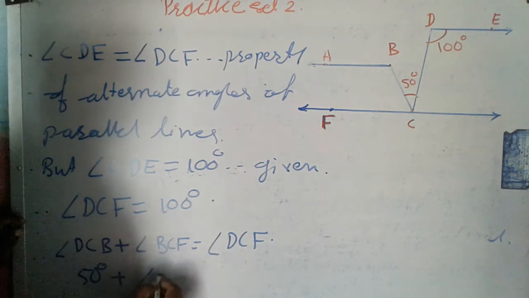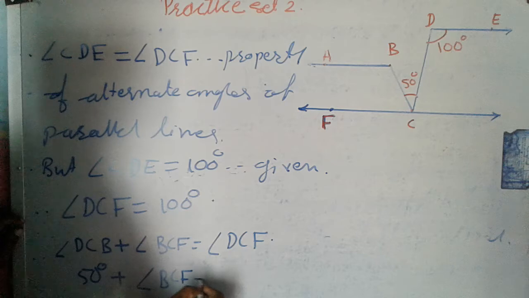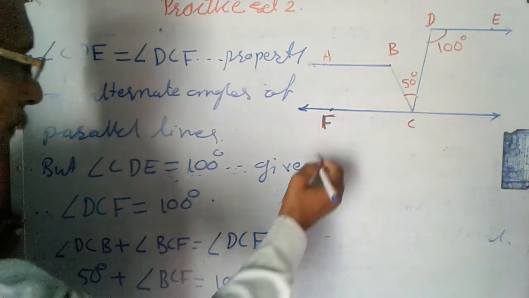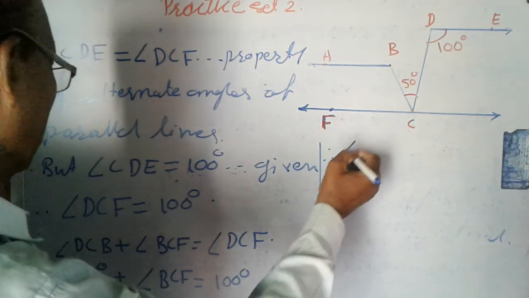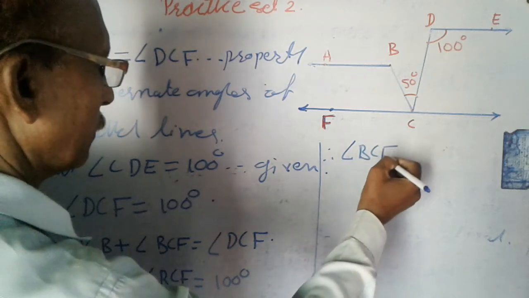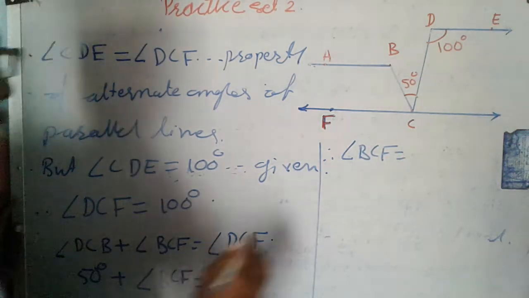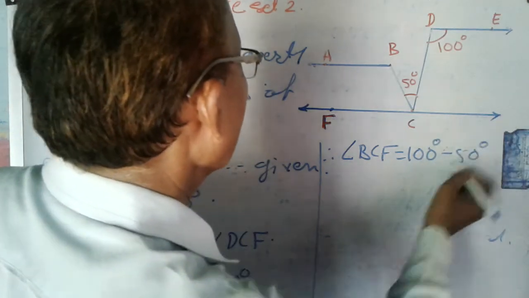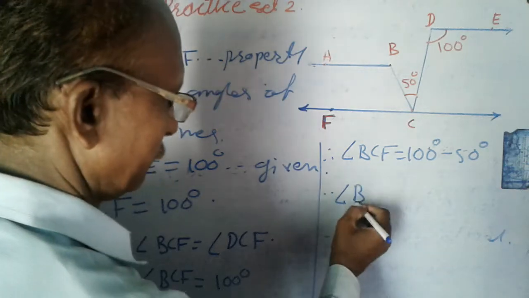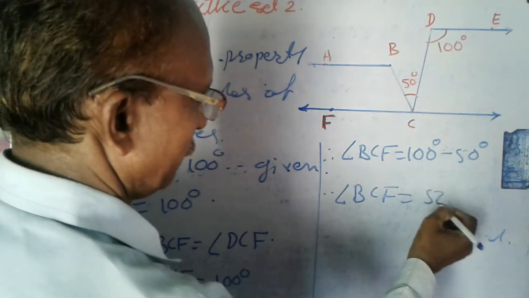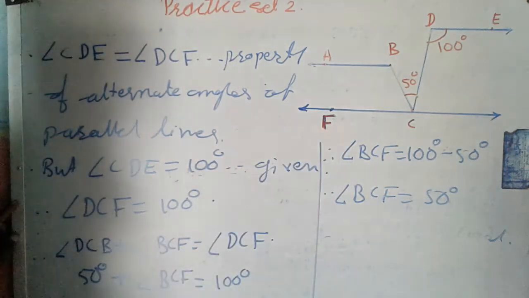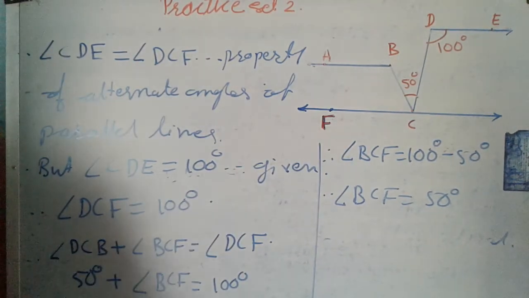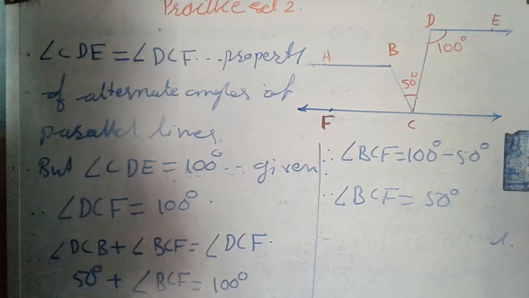We have to find this angle BCF. This angle DCF is 100 degrees. Therefore, angle BCF is equal to 100 degrees minus 50 degrees. So angle BCF is equal to 50 degrees.